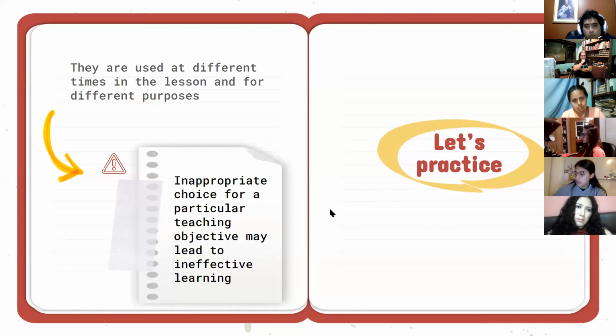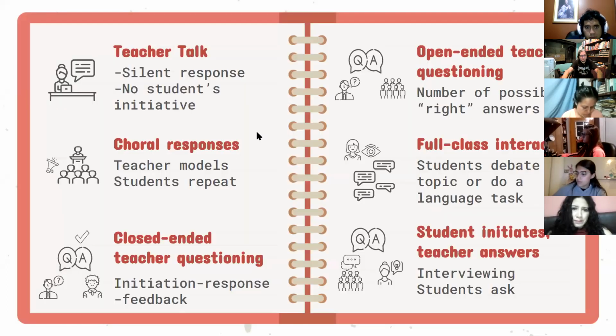So right now we're going to practice. I'm going to put a teaching objective on the chat and you're going to answer which interaction pattern fits better according to this activity. So please, could you please, Erwin, read?